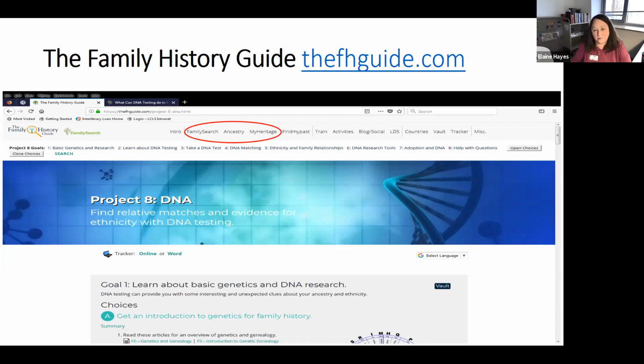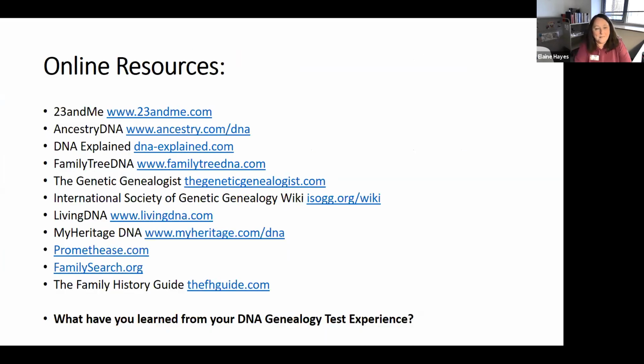So there's a lot of different ways to learn more about DNA genealogy. I've mentioned most of these online resources, but here are the websites, and they're in the handout that I sent you in the email. But they're kind of listed here.